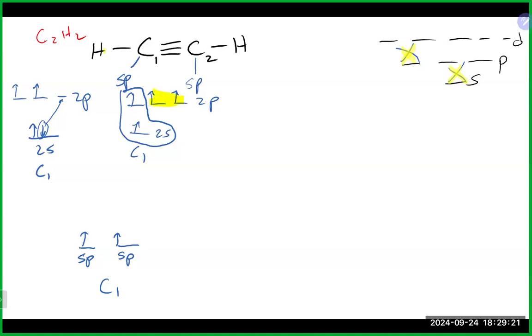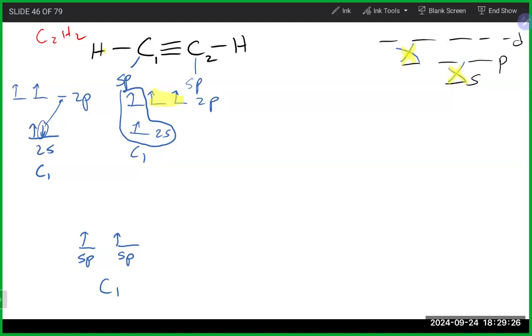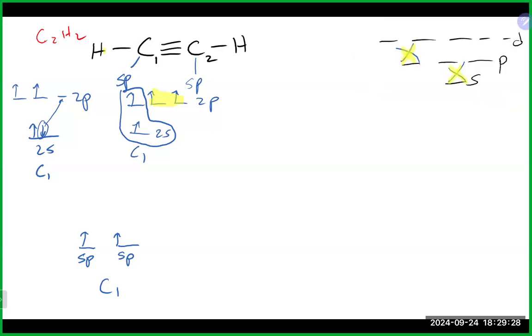Yeah, we have these two here that are unhybridized, right? And they still have an electron in them, which makes them important as well. So we have our two unhybridized p orbitals here as well, like your py, pz type of orbitals.